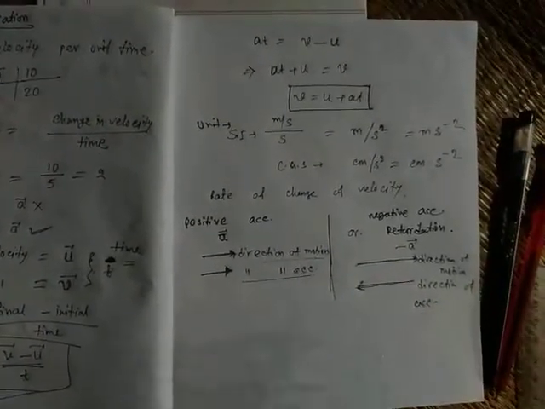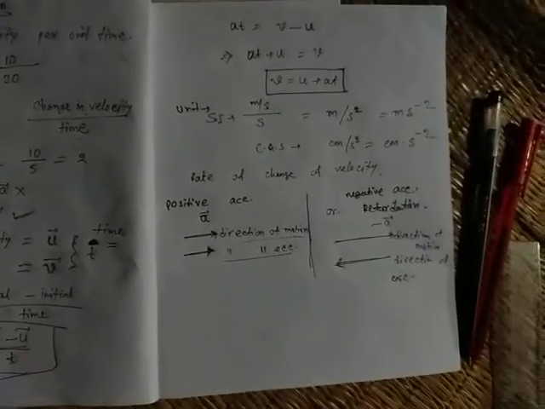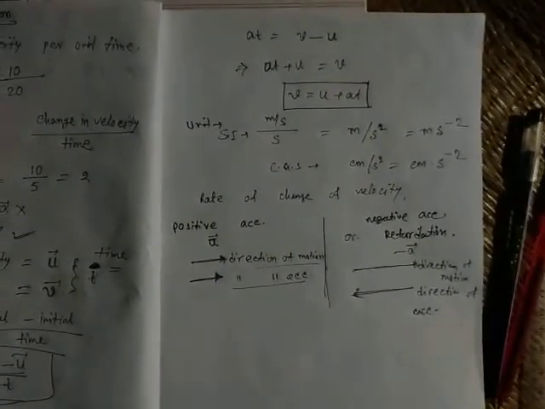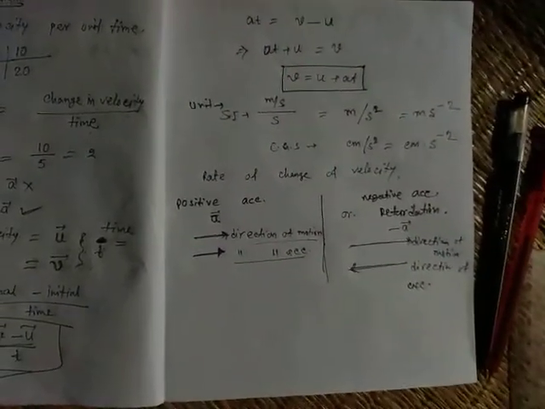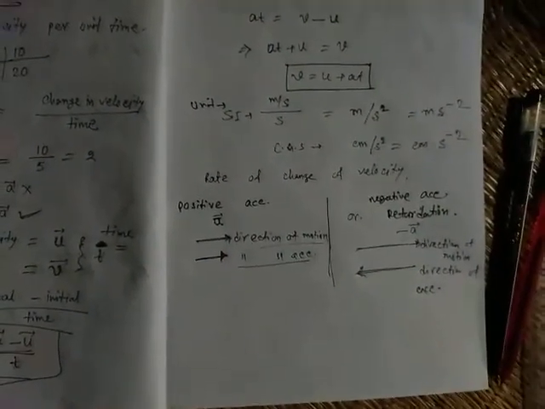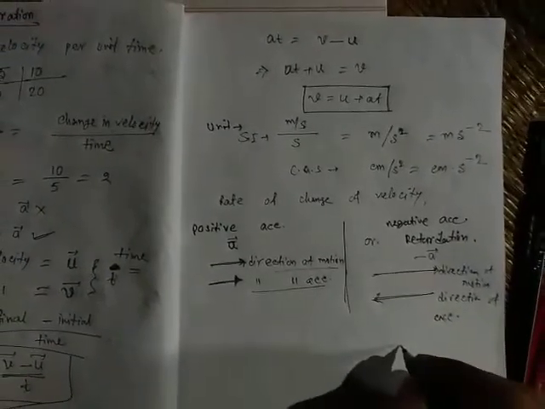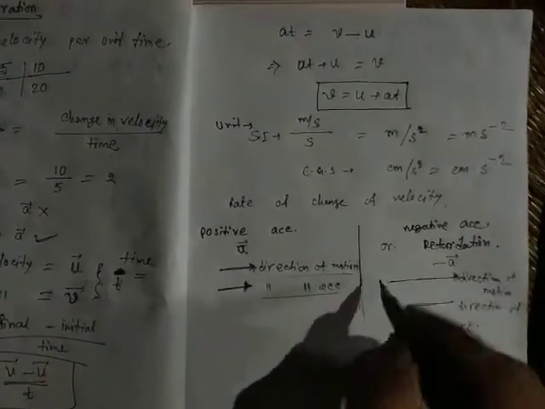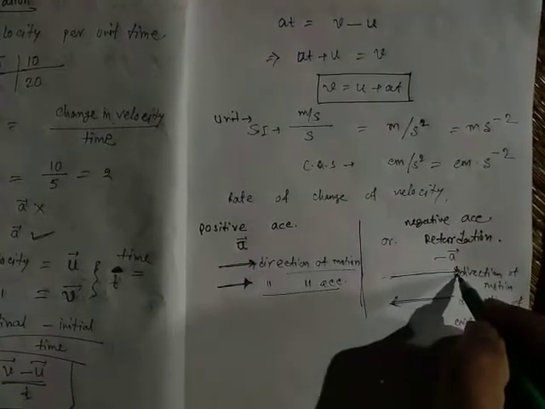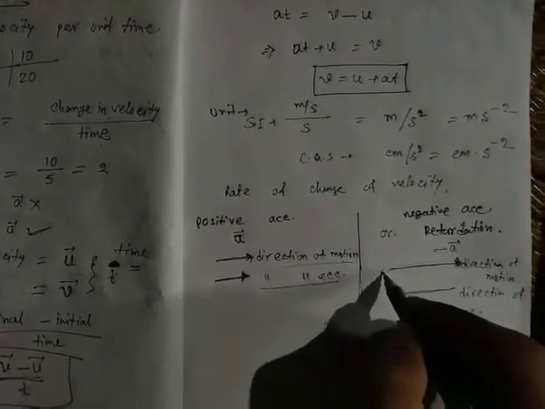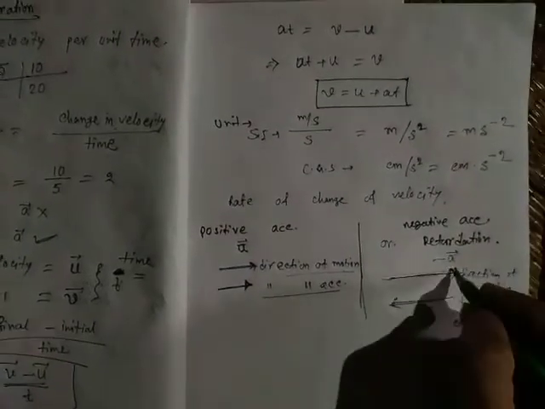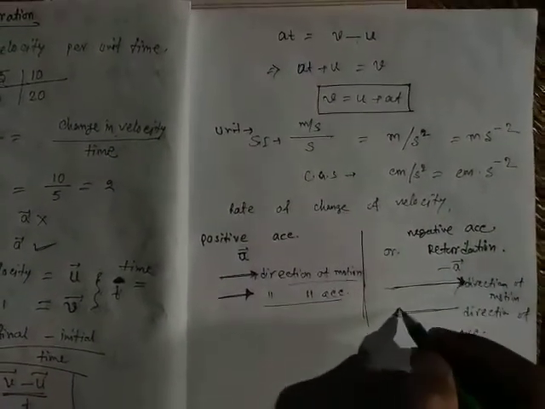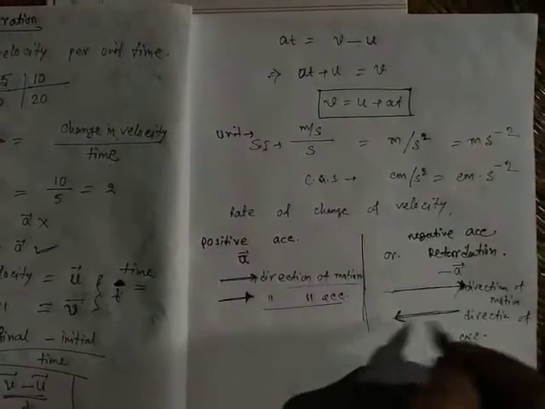Just before, I told you, if you brake the car, if you press the brake, then the speed is going to decrease. But still the car will move in this direction, that is the direction of motion. But the direction of acceleration is in this direction.